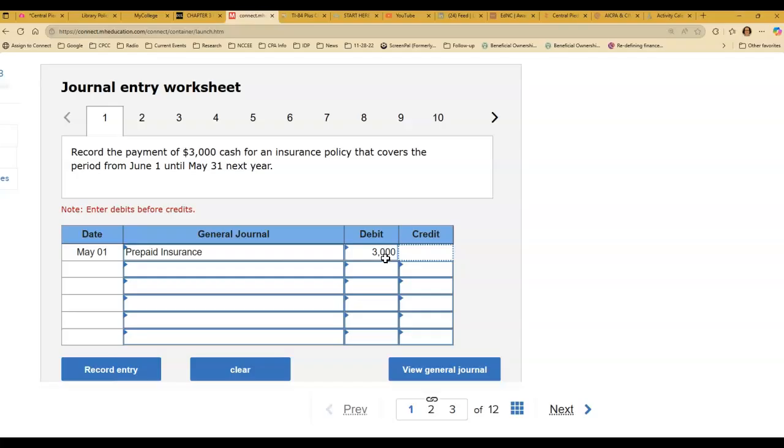Now, watch this real quick. One of the things that I do, in an exam situation, never leave anything blank. Because if you are stuck, you got prepaid insurance, but that's all you got when you're sitting there looking at it, remember, what has to happen to this journal entry? It has to balance.